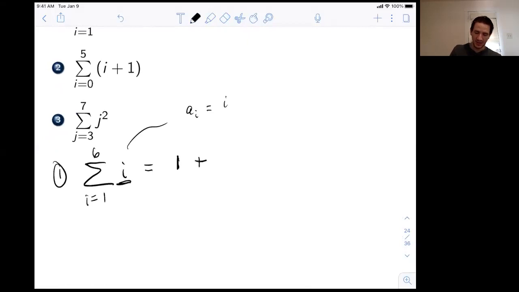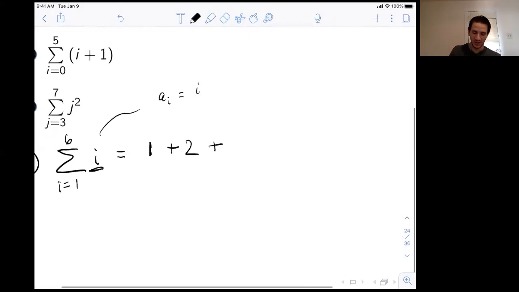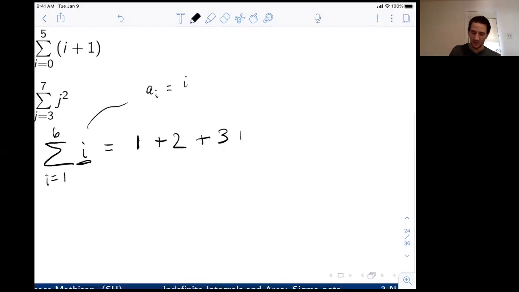Then I let i equal 2. When i is 2, obviously i is 2. So I get 1 plus 2 plus. Then I change i to 3, and I write the next term down. i is 3 plus. Then i is 4, and I write the next term down plus. Then i is 5 plus. Then i is 6.